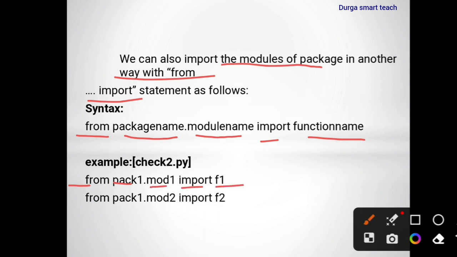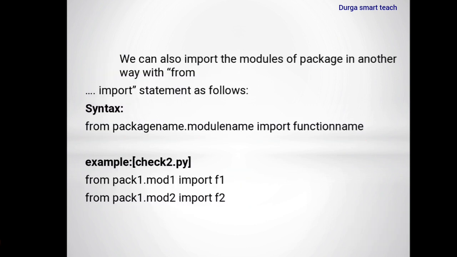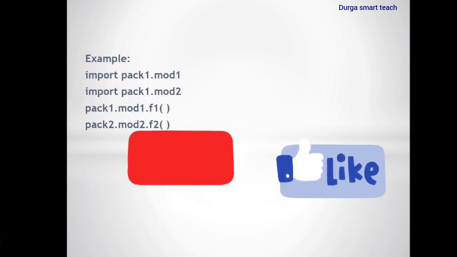We are importing f1 from module 1, which is present inside package 1. In the same way, from package1 dot mod2 import f2. I am importing the f2 function that is present inside module 2, and module 2 is present inside package 1. So you can use either this way or this way. Okay, so I hope it is clear.